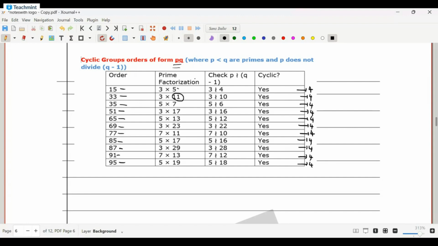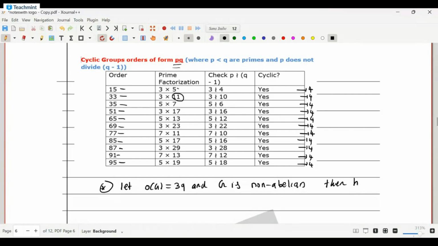Next one. Suppose if order of G is equal to 39. Let order of G is equal to 39 అయింది అనుకోండి. And G is non-abelian. That means cyclic కావట్లేదన్న.